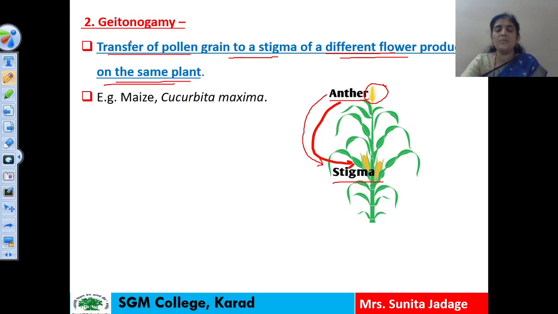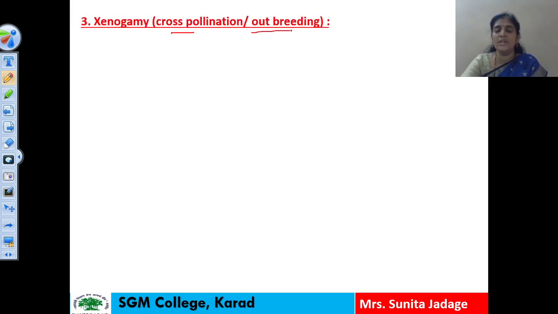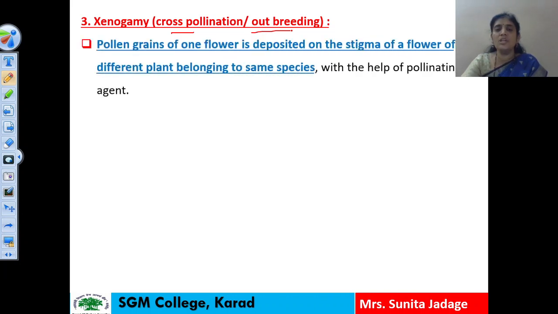This is the second type, geitonogamy, and the third type is known as xenogamy, or it is also called cross pollination or outbreeding. Here the pollen grains are transferred from one flower to another flower present on a different plant belonging to the same species.